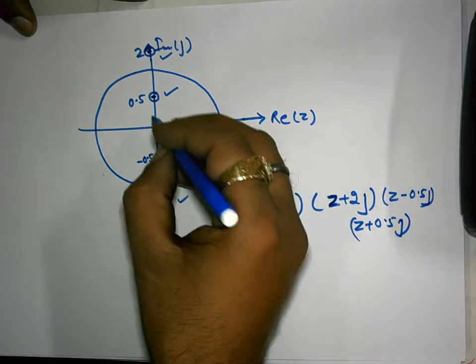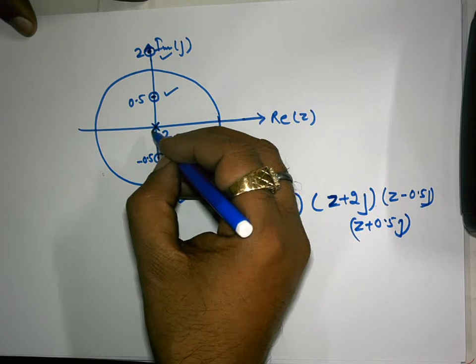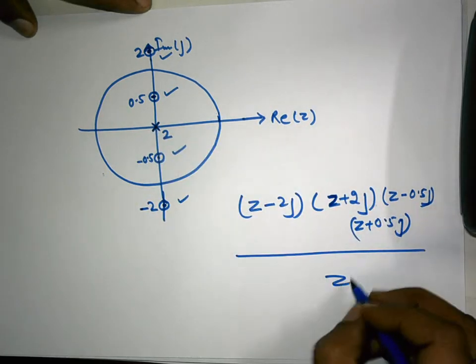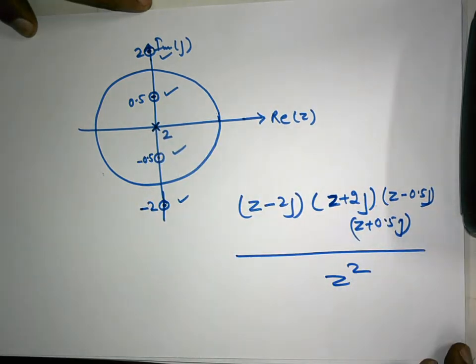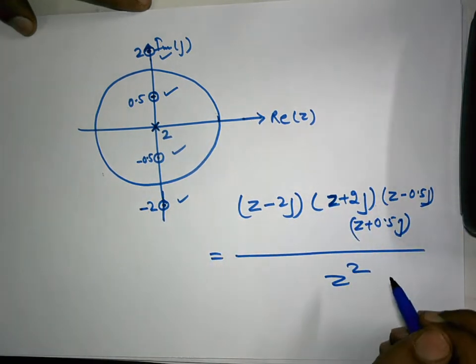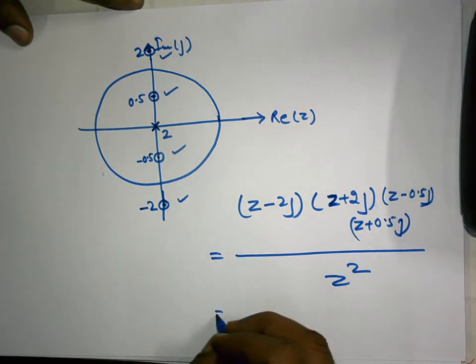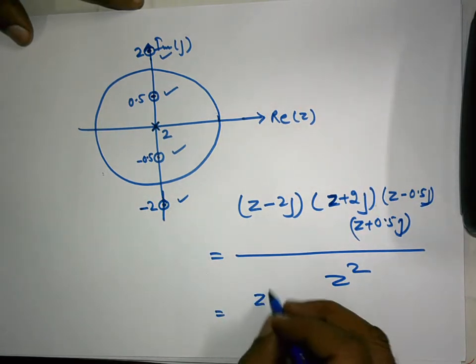What about the denominator polynomial? We have two poles at the origin. This means the denominator polynomial will be equal to z square. Now, if you multiply all these values, I am writing down the result directly, you can multiply and verify it.